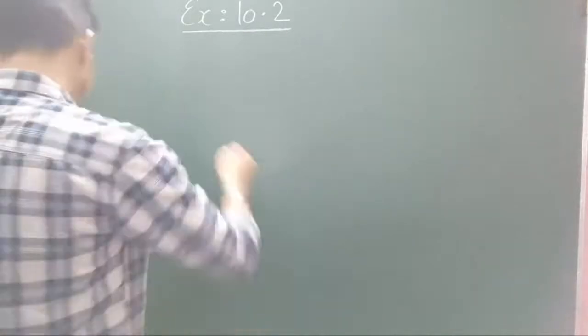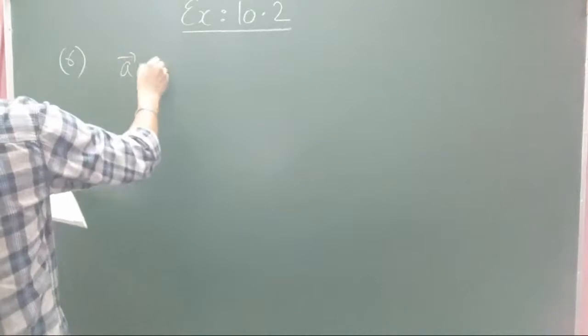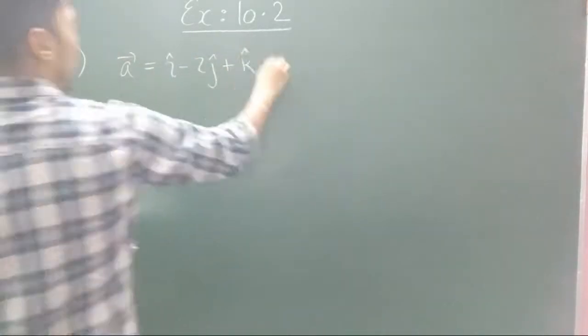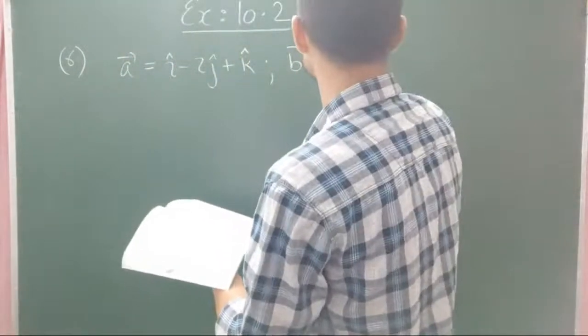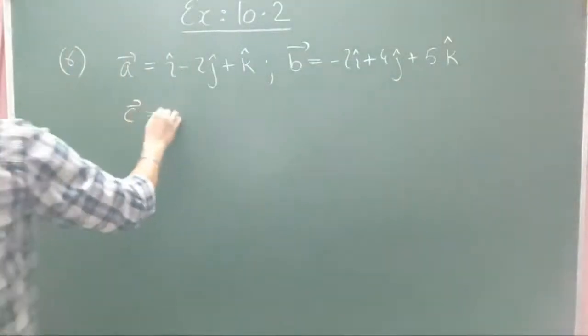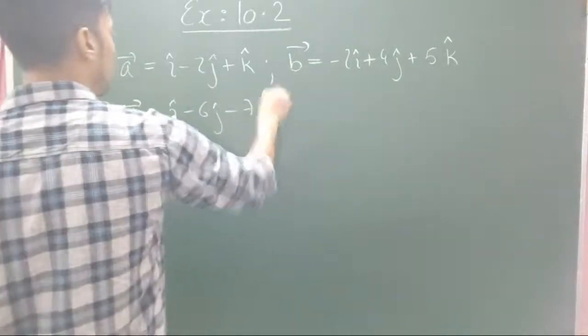So small questions. The question is, find the sum of the vectors A, that is the vector given to us as i minus 2j plus k, the vector B, just addition only, as I say, this is simple, but unless we practice, we will never learn, isn't it? Vector C as i minus 6j minus 7k.